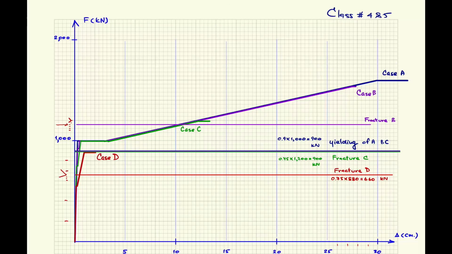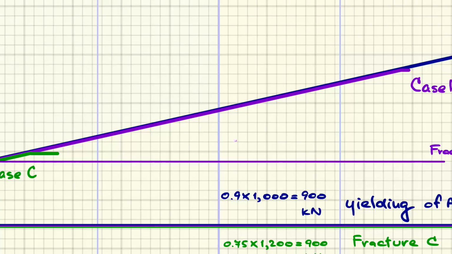Fracture of B is equal to 0.75 times 1544, which was equal to 1158 kilonewton.